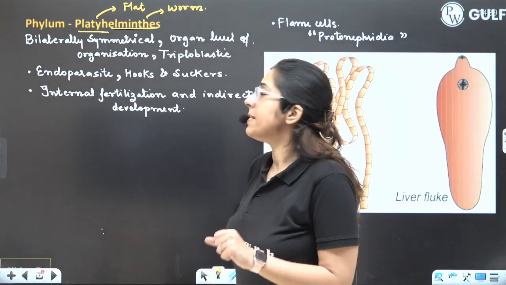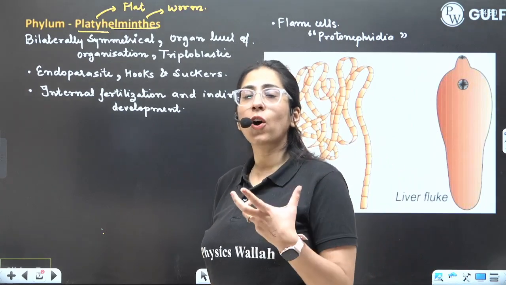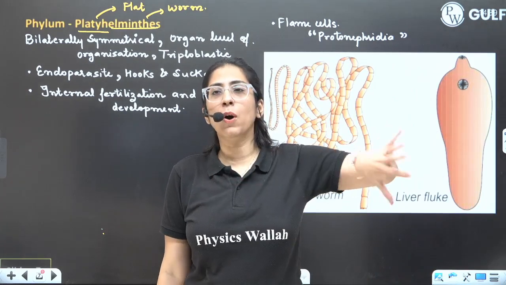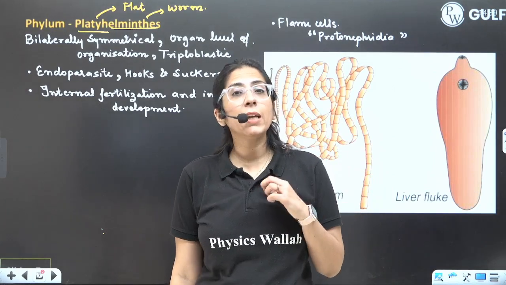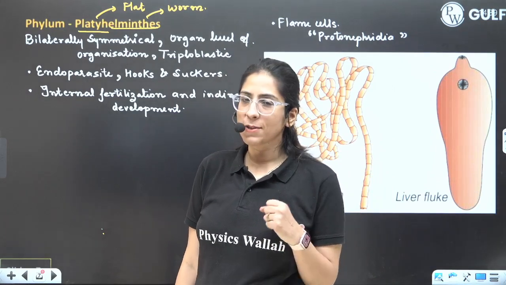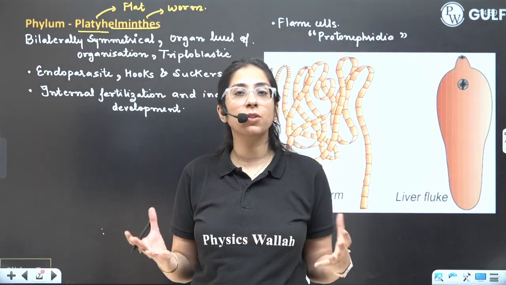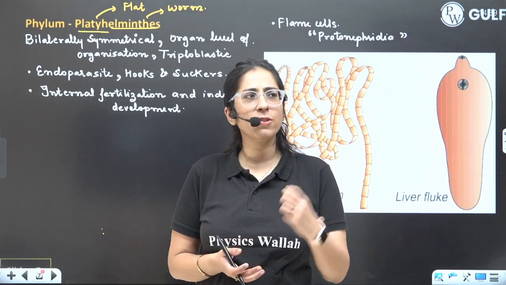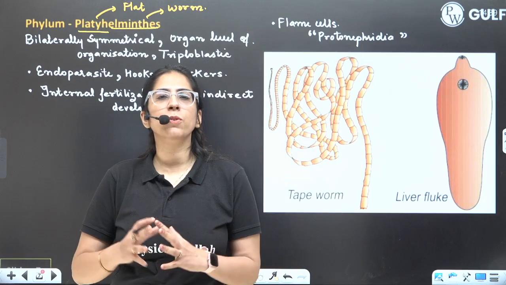Because they live inside the host body, oxygen will be less, so they can undergo anaerobic respiration as well. For their better parasitic adaptation, they have hooks and suckers present in the body so that they can easily absorb the digestive substances from the outermost environment.